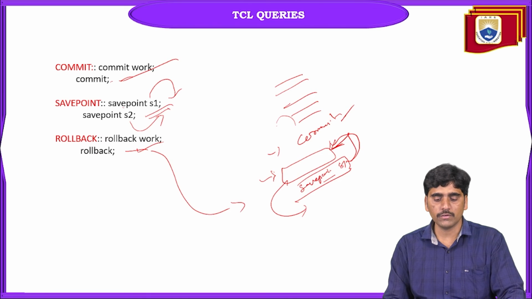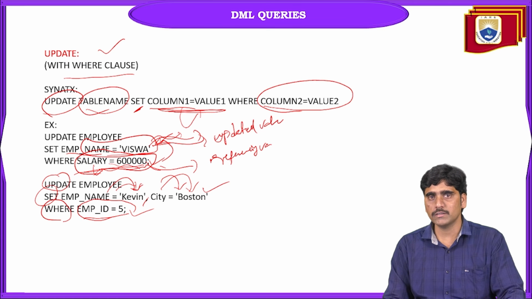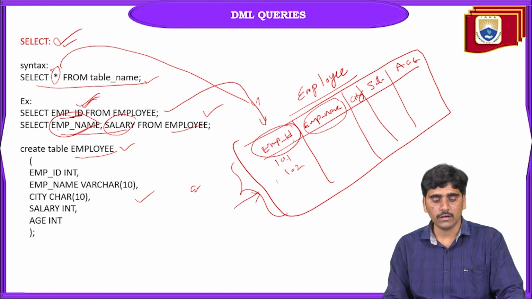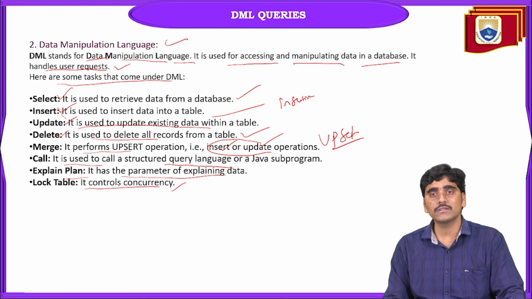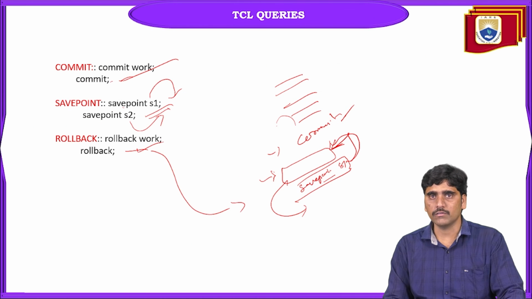So in this session, what we learned here is writing the syntaxes for data manipulation language commands and also for TCL commands: commit, savepoint and rollback. In this way you can understand all the DML queries and TCL queries. These DML queries are very important, and DML queries are followed by TCL commands also. So this is all about DML queries and TCL queries.